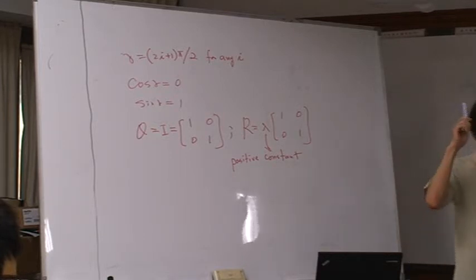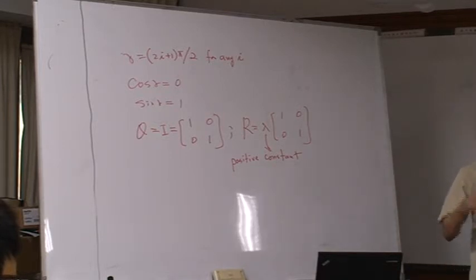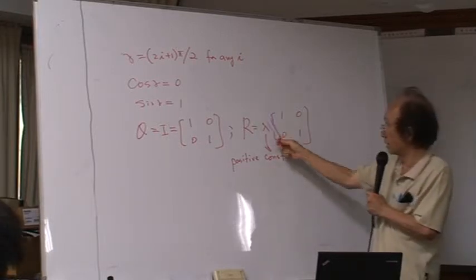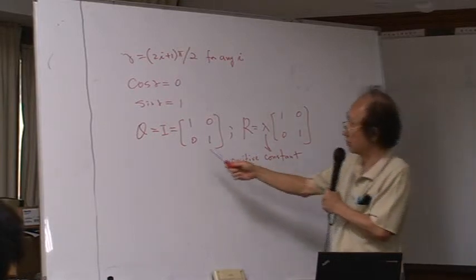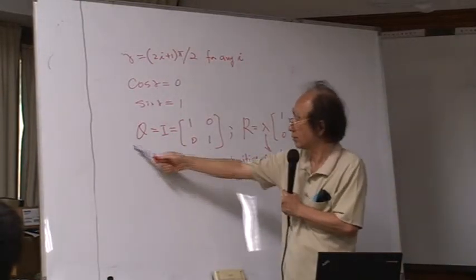The reason why I keep D here and I keep alpha here, I will let you know how important my lambda is. Here's lambda. Now I have Q equal to the identity matrix.